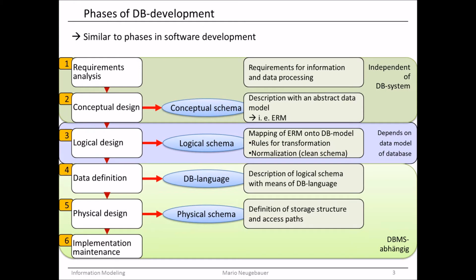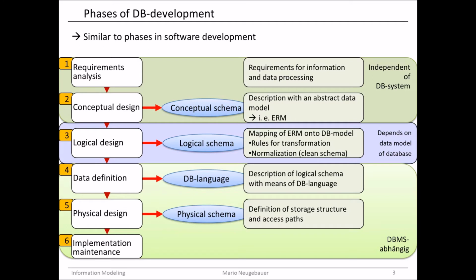We start usually with requirements analysis, requirements engineering, and that means that we first look to the user and ask what he or she wants to do with the database, how he or she wants to use the data, what requests the user would like to make, so that we get a clear picture of what the user actually wants to do with the information and how the information is structured. Then we do the conceptual design, and that's the part where we apply the information modeling. Conceptual design means that we structure the data, we model the information with the ERM.